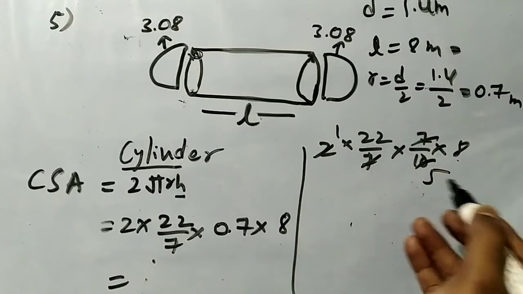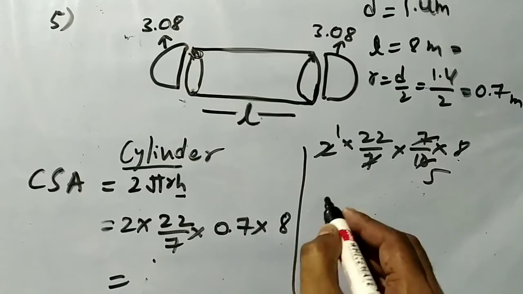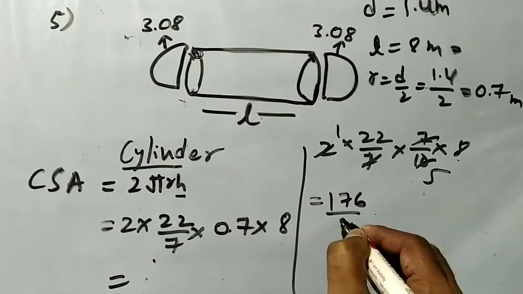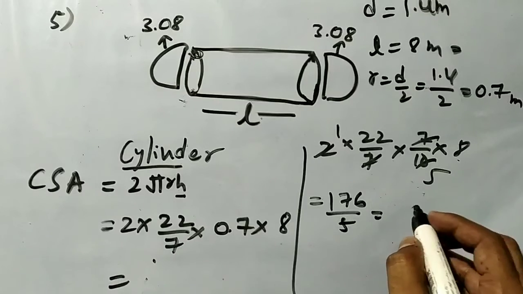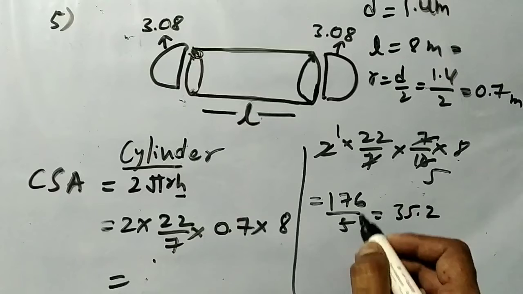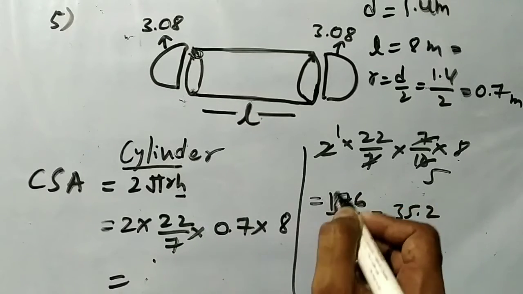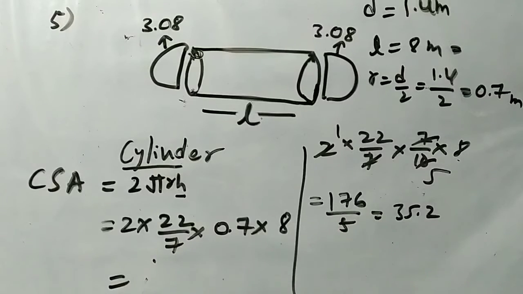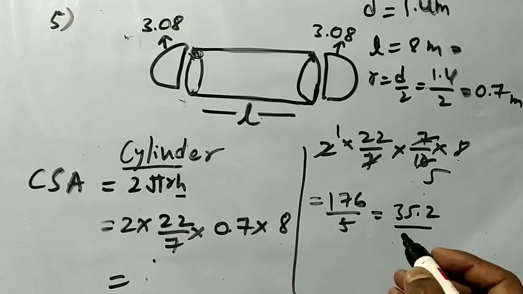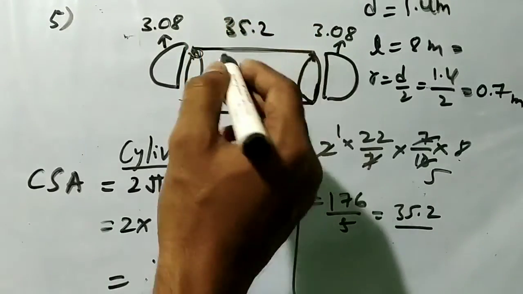So here 22 into 8, we get 176 by 5, which is equal to 35.2. If we calculate in the division, 5 3s are 15, so we will get 35.2. So 35.2 is the CSA of the cylinder.